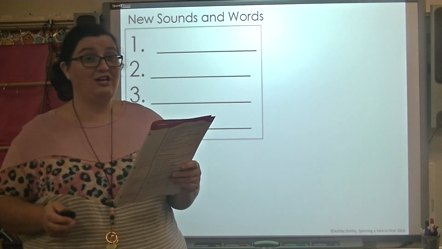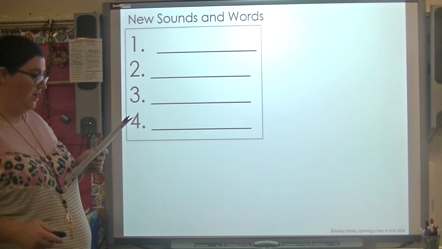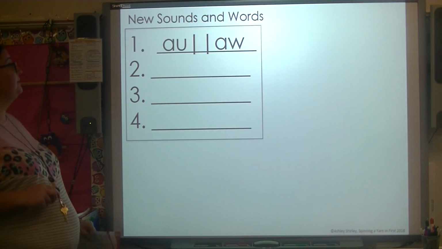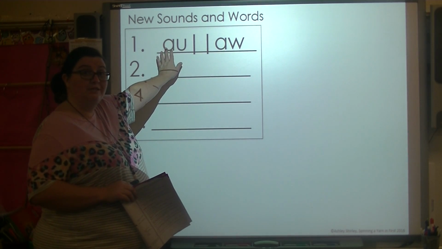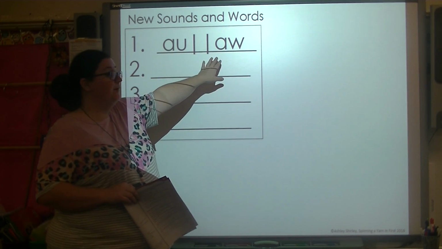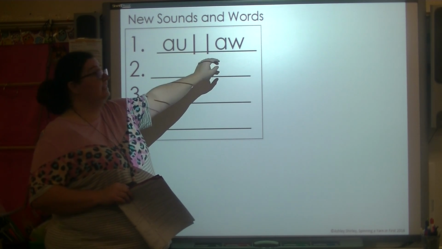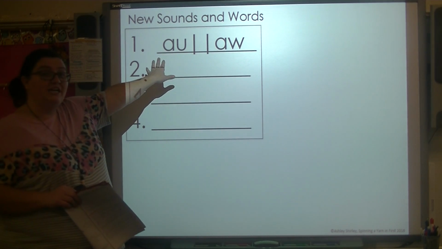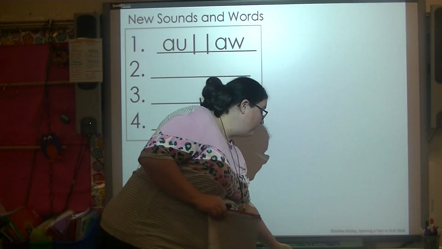We learned AU, and now we've learned AW. AU is going to be either in the initial or medial position, and AW is going to be in the final position, like in straw. AU is going to be in the medial or initial position, like in faucet.